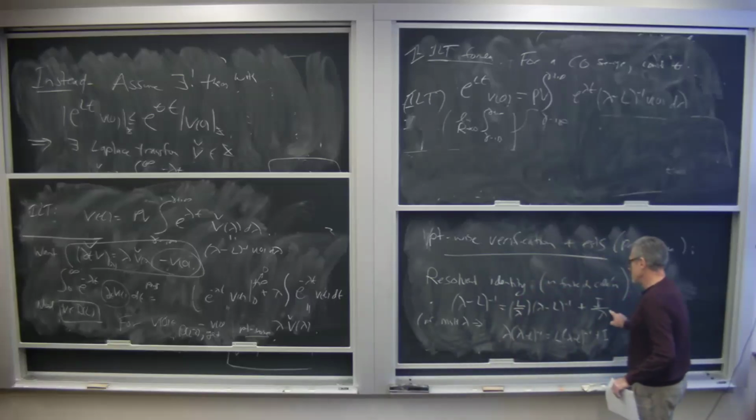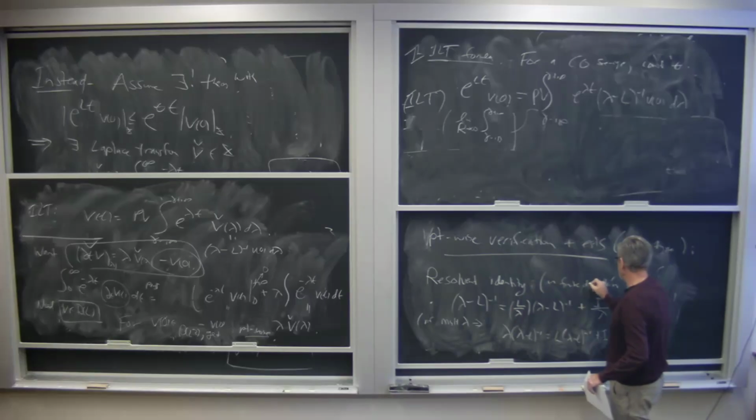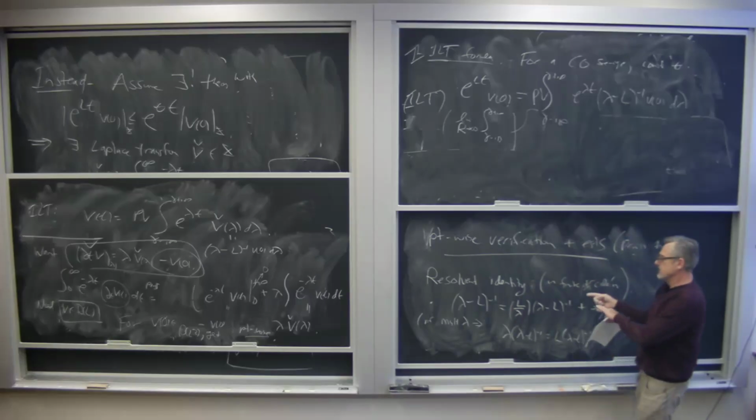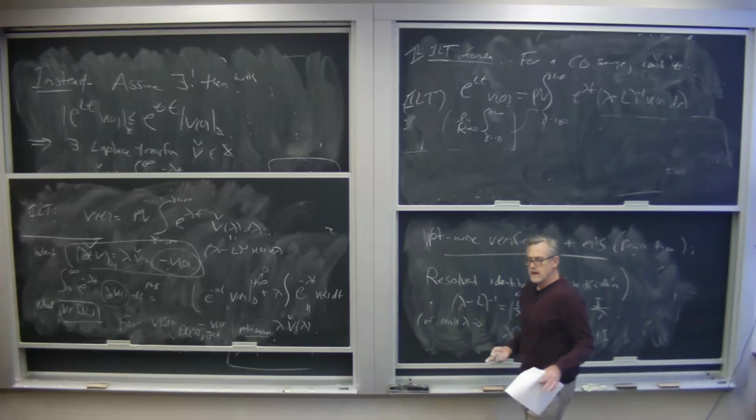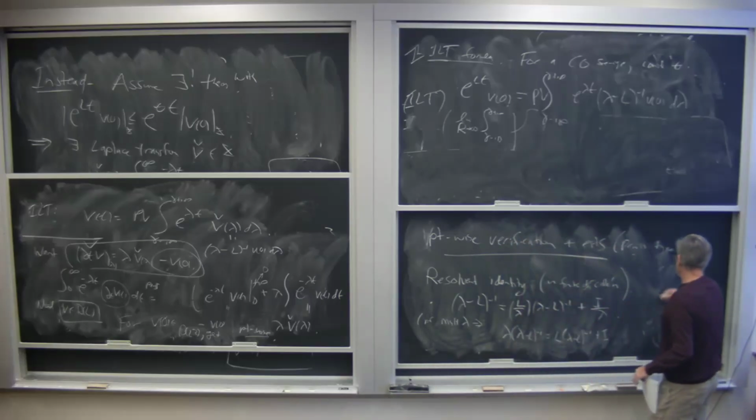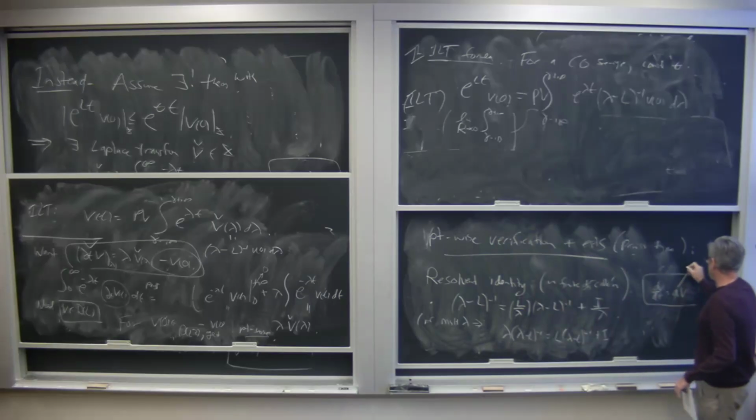Oh, sorry, finite dimensional calculation. So in the previous lecture, we did this explicitly for the matrix case, and you could even think of a scalar equation, so just a real number.